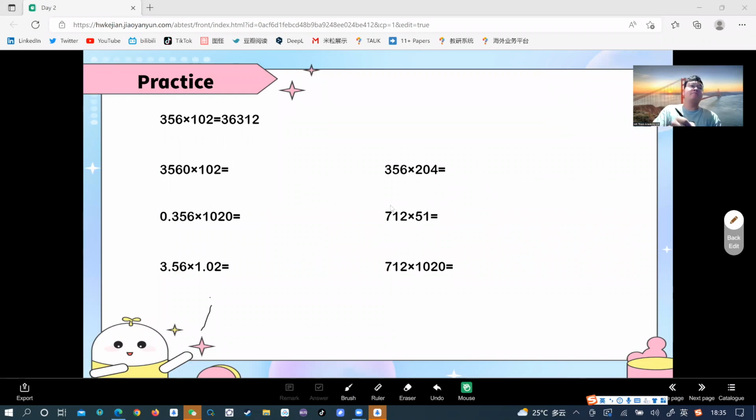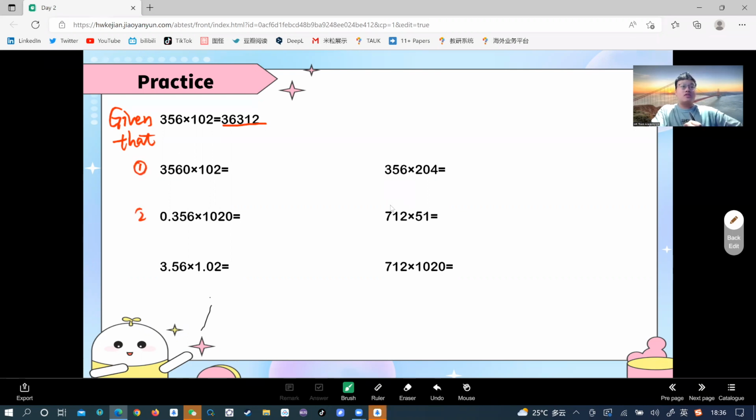You know, given this kind of complicated thing, 356 times 102 equals this number. And that is the information we have now. So how can we use this information to solve all of these questions here? Let's see, this is question number 1, question number 2, question number 3, question number 4, 5, and 6.